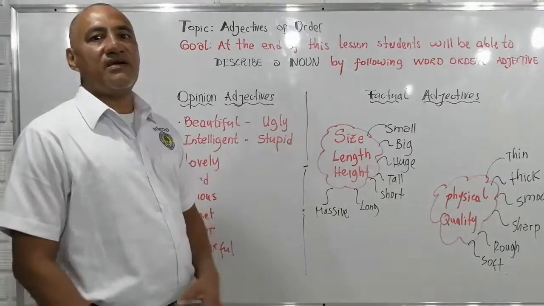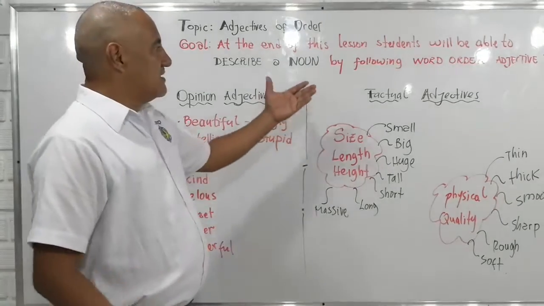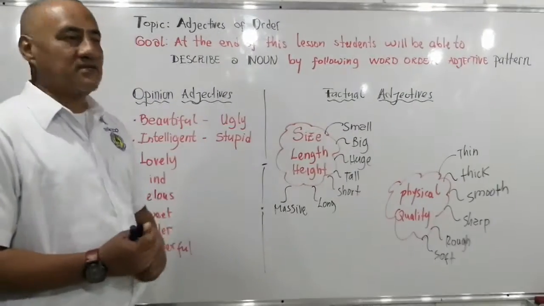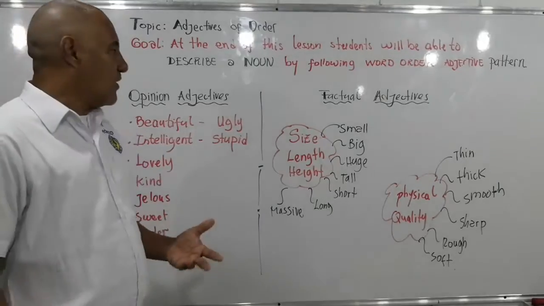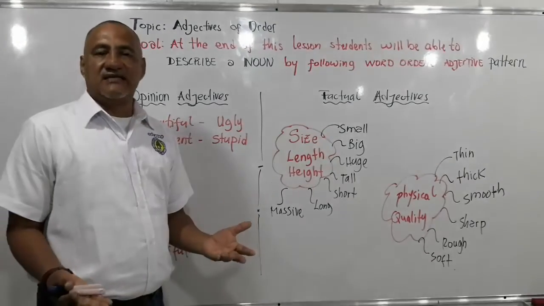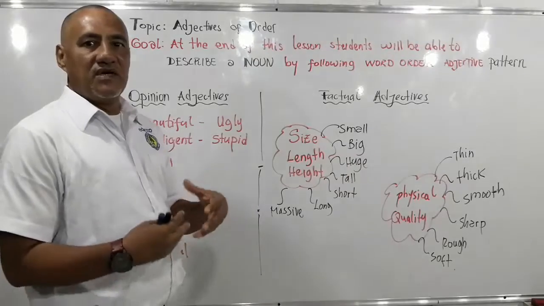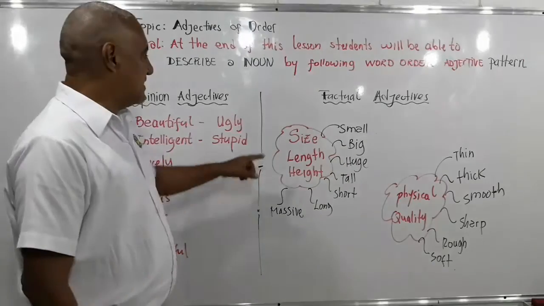Then, as you can see here, and I said before, factual adjectives give us information about size, length, material, quality, color, etc. Let's analyze some examples of those kinds of adjectives.